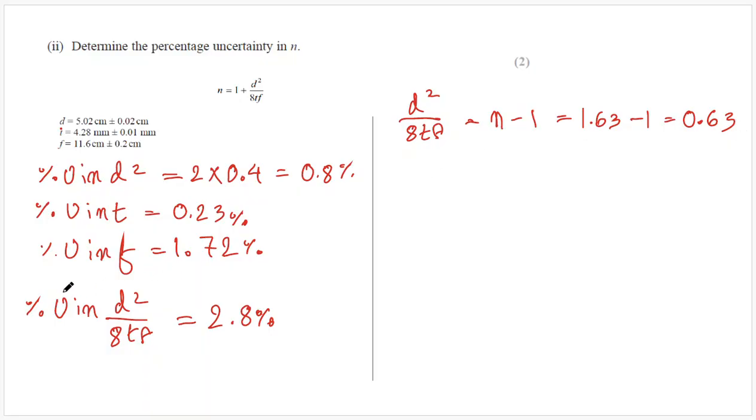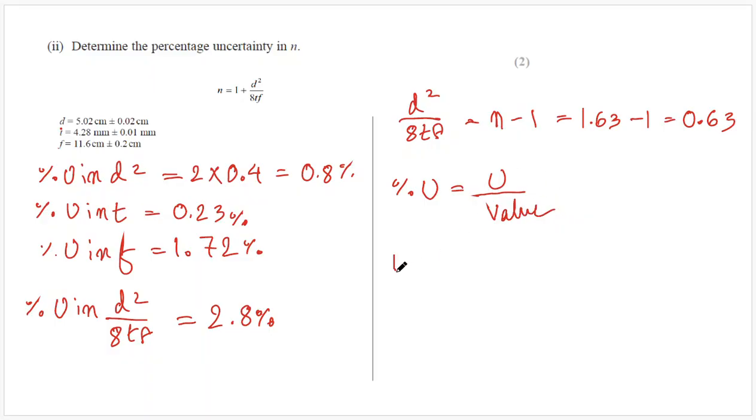You have uncertainty in d squared by 8tf. You have the value of d squared by 8tf. So recall the equation, percentage uncertainty equals uncertainty by value.